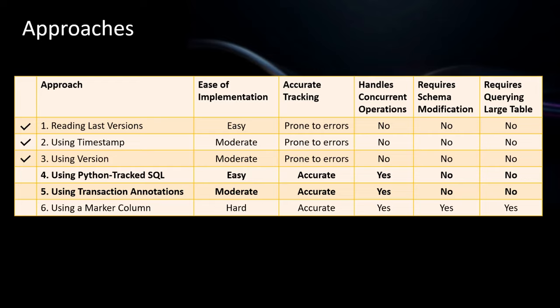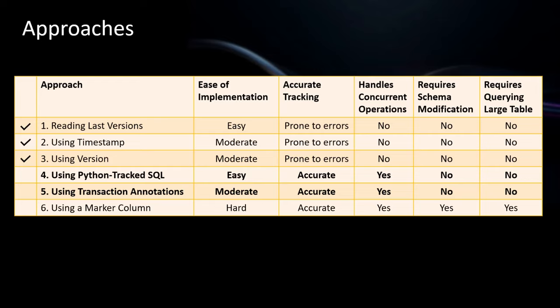The last one, I don't use it, but it's something you do if you really want to use the destination table itself for getting these stats. What we do is add a marker column to the destination table, add some information to those marker columns, and then use them for getting stats like the number of records inserted and the number of records updated.